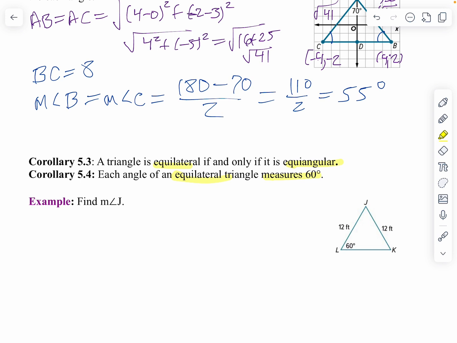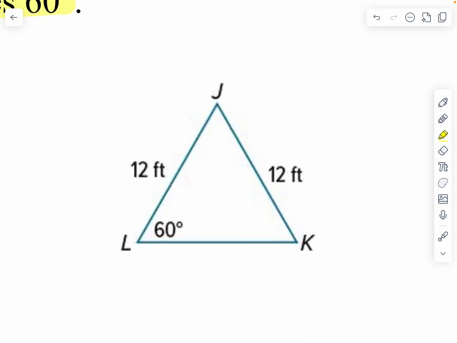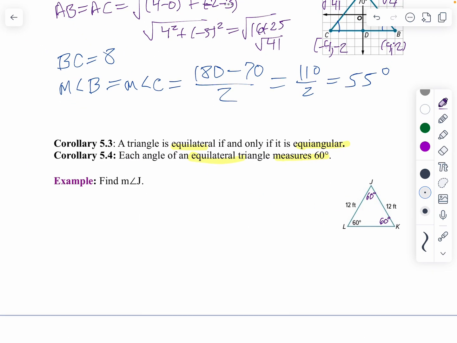Since it's isosceles, I know the base angles are the same. So I know angle K is 60 degrees. If I've got two 60-degree angles, I know angle J is 60 degrees. So there's our work: the measure of angle J is going to be 60 degrees.